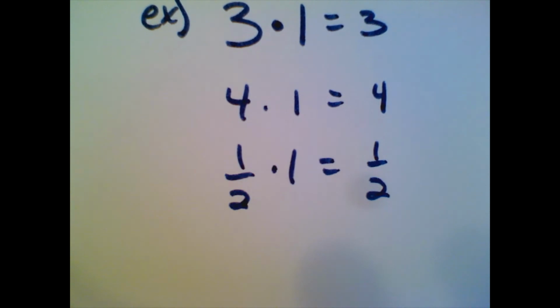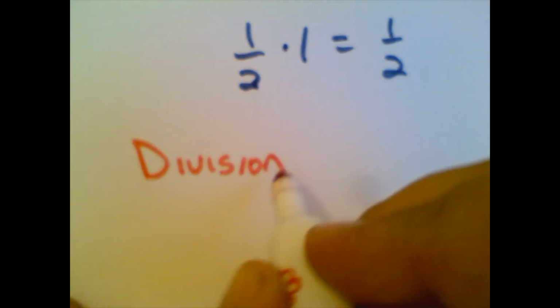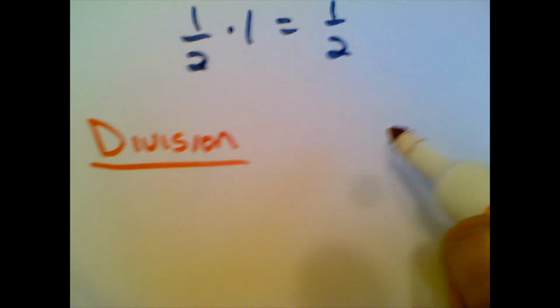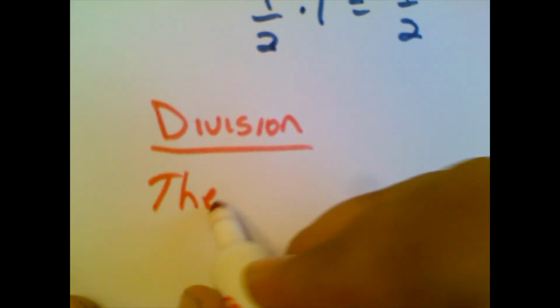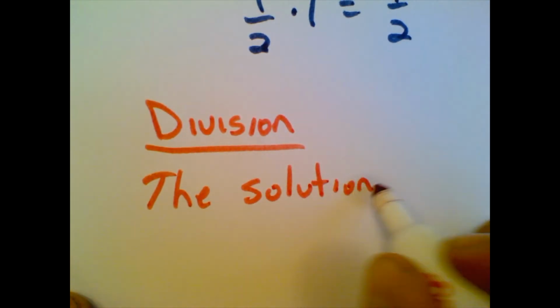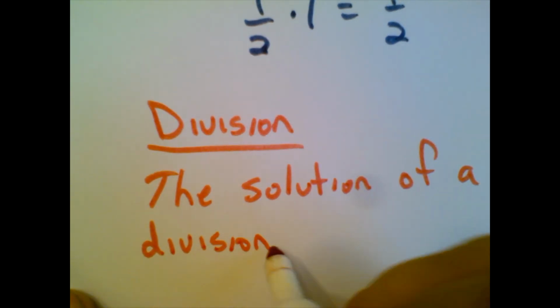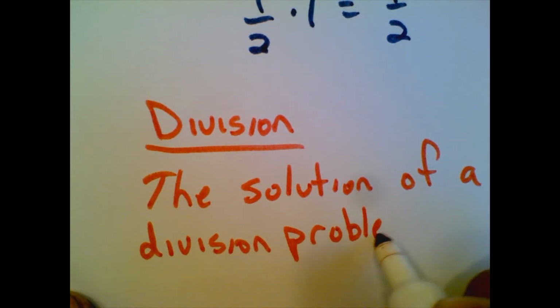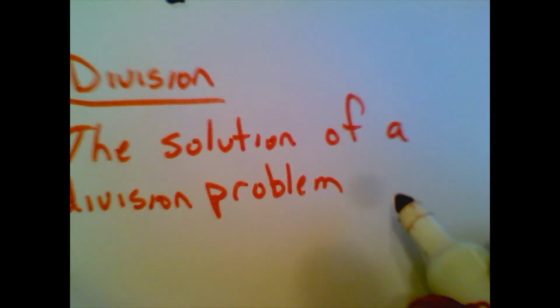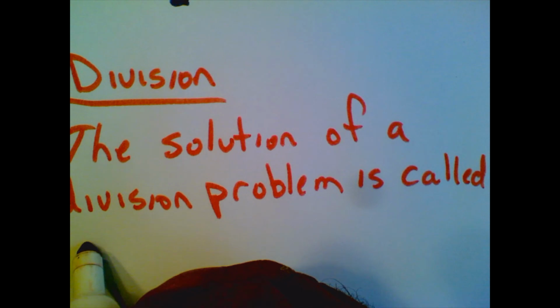Real quickly, let's look at division. And I know I'm going fast. We'll hit some of the finer points in class. But let's look at division. The solution of a division problem is called a quotient.